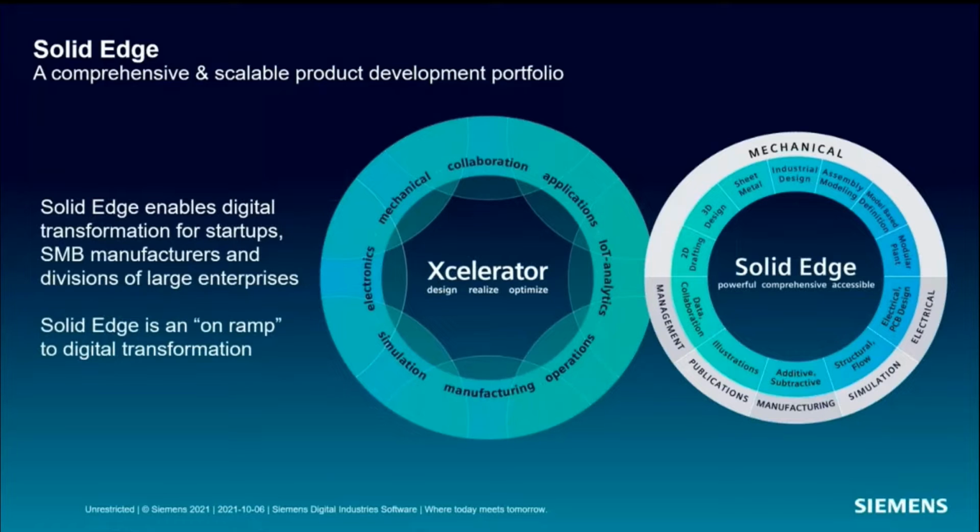It also includes solutions for data management for all the technical data that is created and consumed when supporting the comprehensive digital twin. It facilitates collaboration both within the manufacturing companies and with external resources, including suppliers and customers. Solid Edge is the on-ramp to digital transformation.